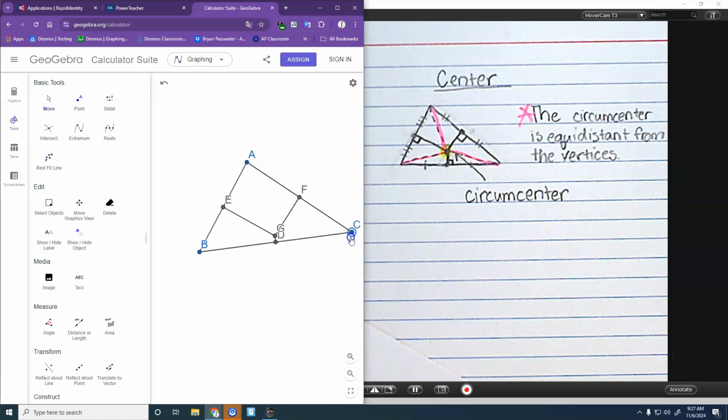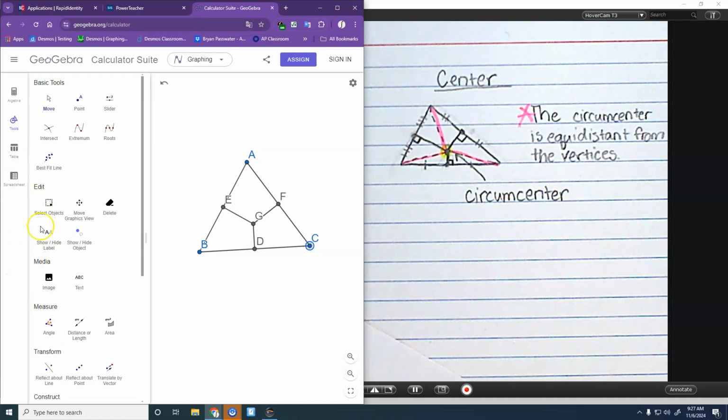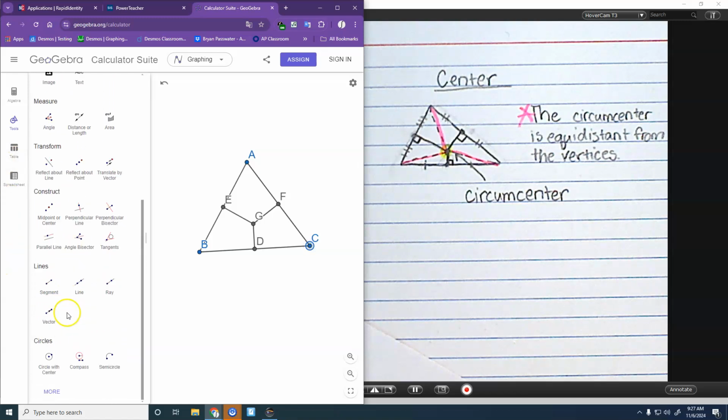It's kind of weird. But I can move this around, and you can see that circumcenter is the case. I could also do this. Watch this. I'm going to put in these segments from here to here, from here to here, and from here to here. Those three right there.